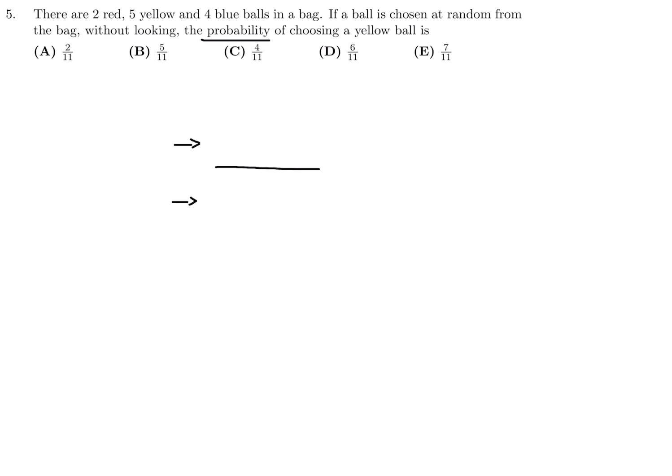Since there are that many balls in the bag, that would be our total: 2 red plus 5 yellow plus 4 blue. The numerator is our specific requirement in the question, and in our case, it's a yellow ball. There are 5 of them. So our probability is 5 over 11. And therefore, number 5, the answer is B.